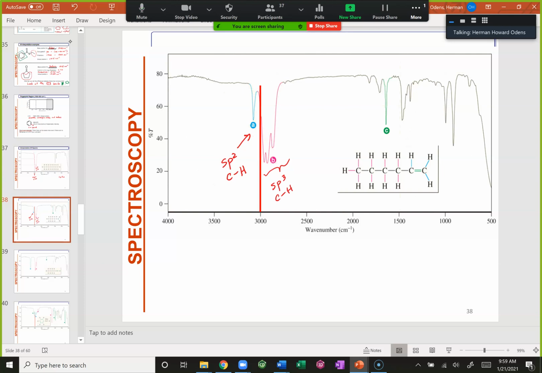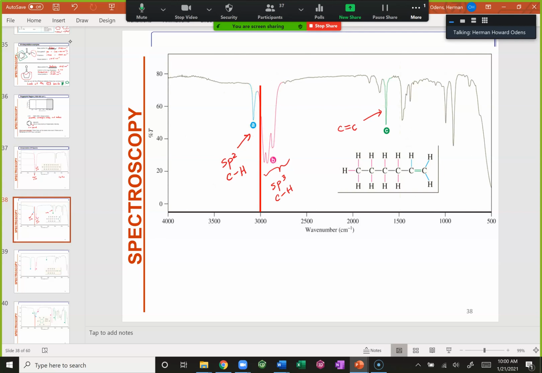Because I have a double bond, I also have, in green, this double bond stretching. It's like 2 rubber bands attached to the 2 carbons. They're going to be stretching out, in and out. That's the stretching that is next, and it's depicted here as the letter C. This signal you can represent as a C double bond C, of an aliphatic or open chain molecule.